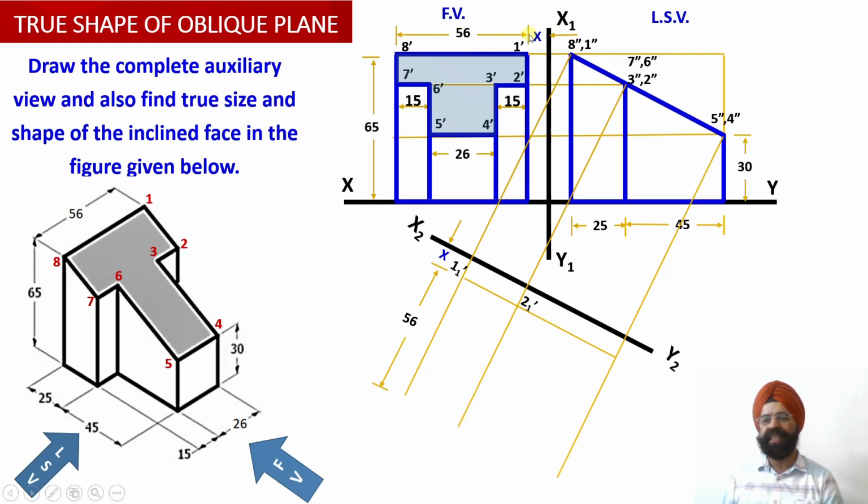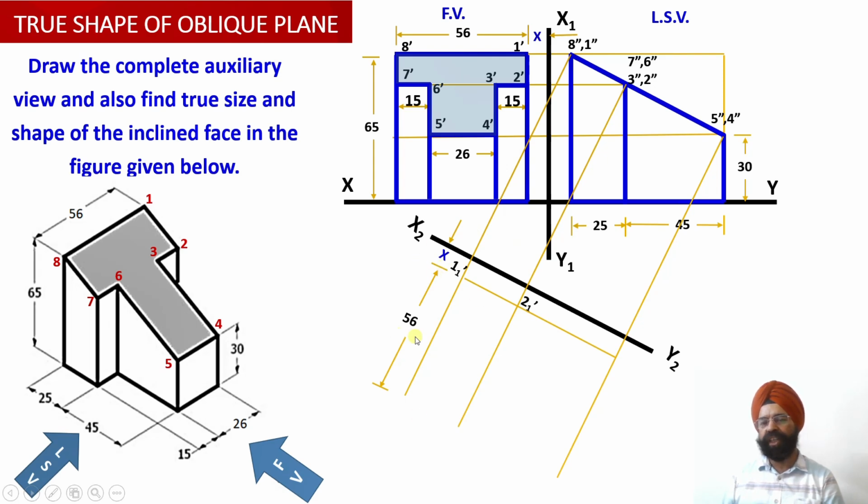So this was distance x, and ahead of distance x I need to move another 56 millimeter so that I can obtain this end of the solid. Earlier I had obtained this end of the solid, and now I have obtained this other end.